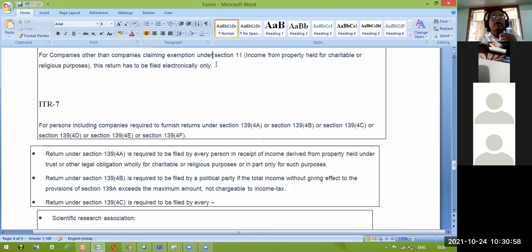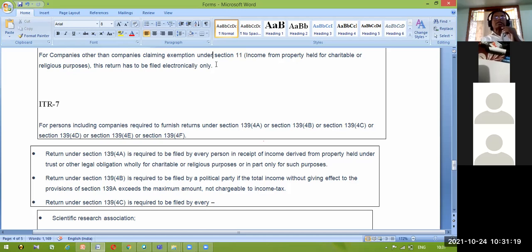Return under section 139(4B) is required to be filed by a political party. So what is section 139(4B)? It is a return to be filed by a political party if the total income, without giving effect to the provisions of section 139A, exceeds the maximum amount not chargeable to income tax.